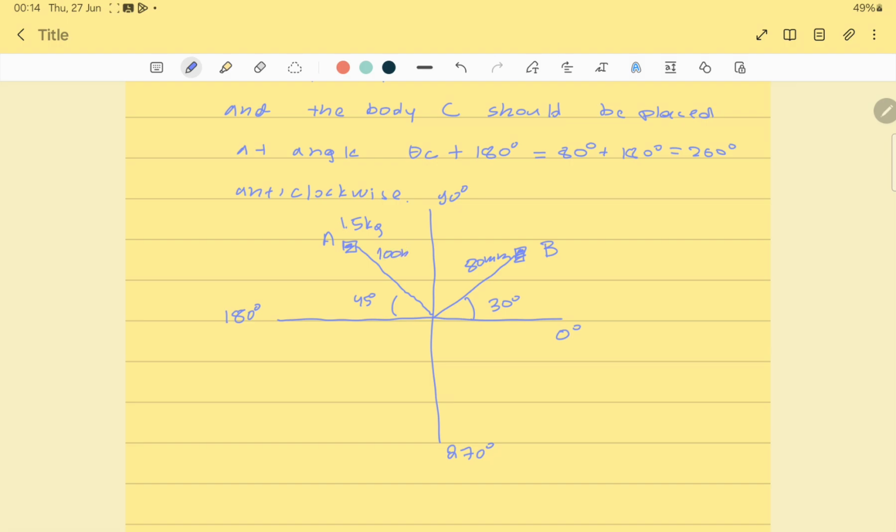It's 100 millimeters, the radius for A. Now C, 80 degrees is somewhere like here. So we draw the opposite line here.